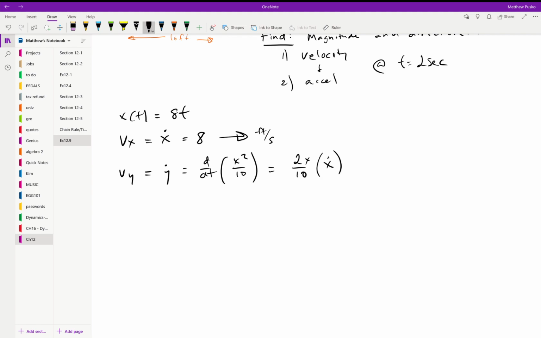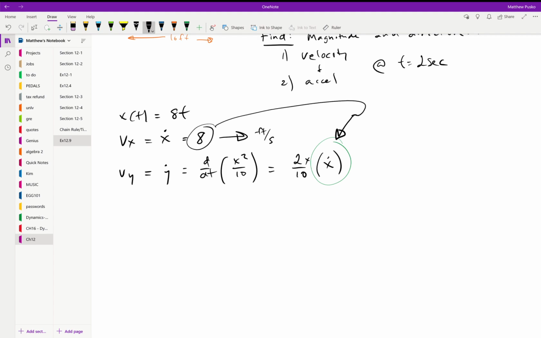Don't forget this part. The next step, well, we have the velocity, so we can plug in the fact that this is equal to this.